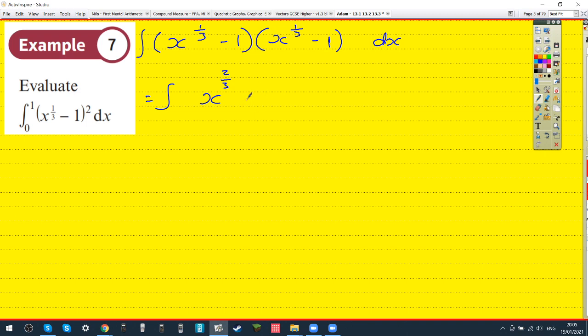What else? And you get minus x to a third. Minus x to a third. And then you get, is it just 1? Yeah, plus 1. It might be easier to simplify if you know how. Would that become minus 2x to a third? Yes, well done.